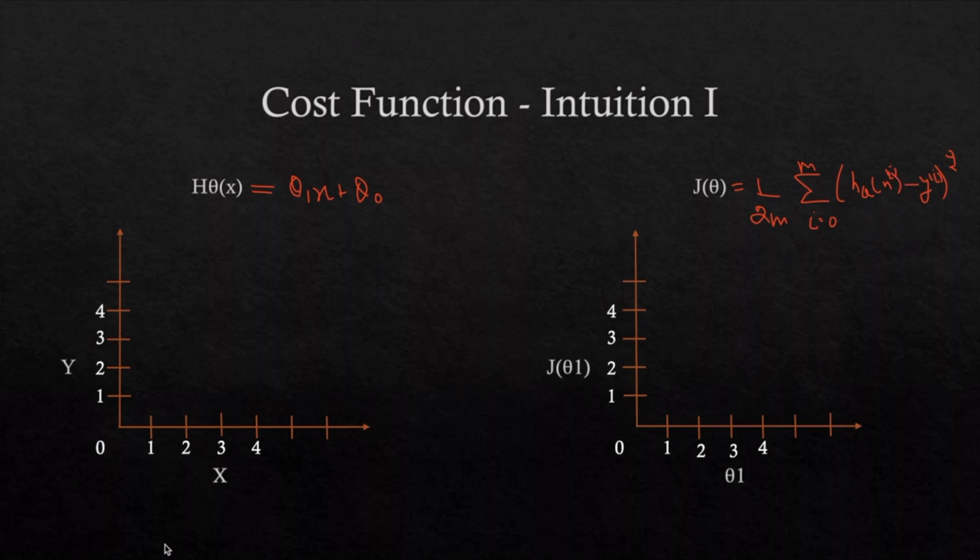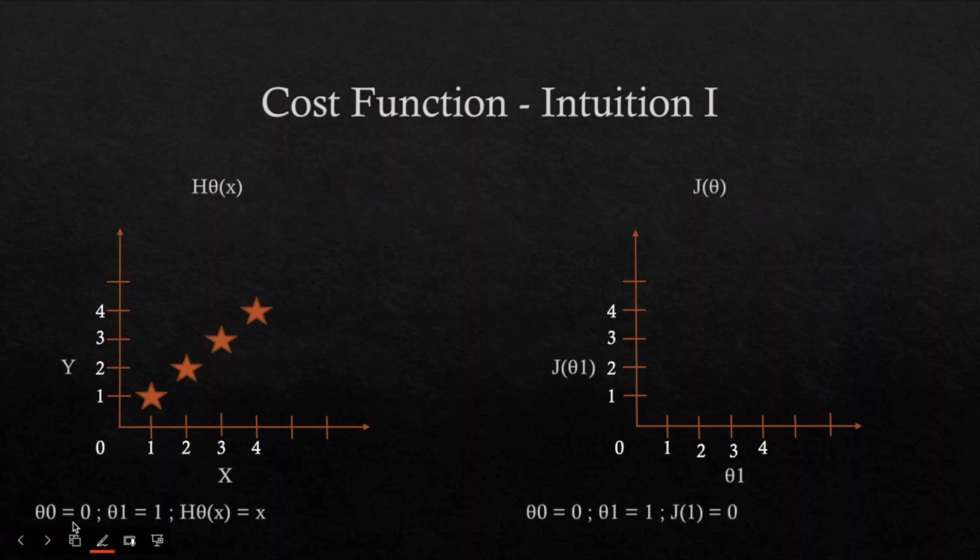So now let's see, for the simplicity of these functions, I have taken theta 0 equals 0 and theta 1 equals 1. Wait a minute, let me just clean it up.